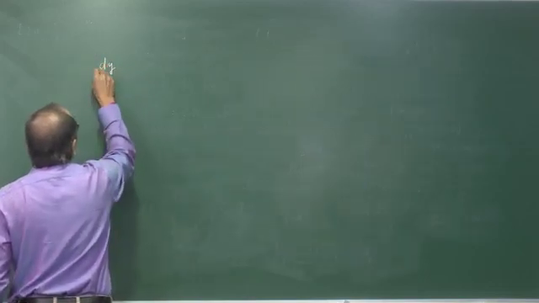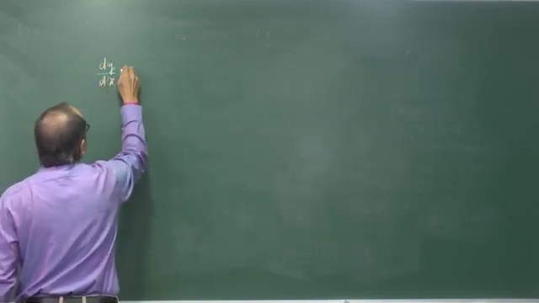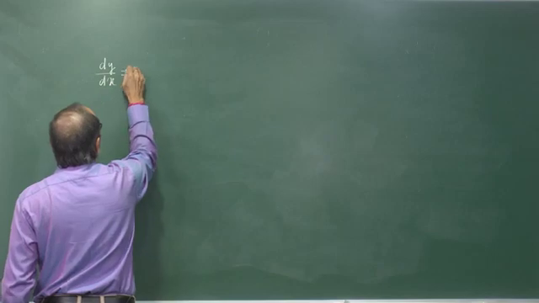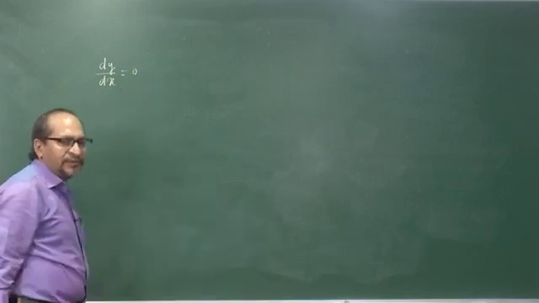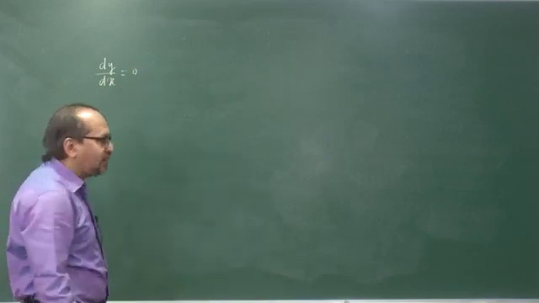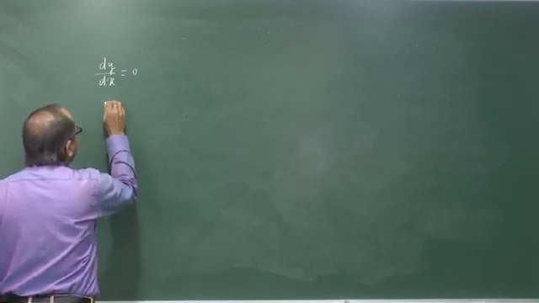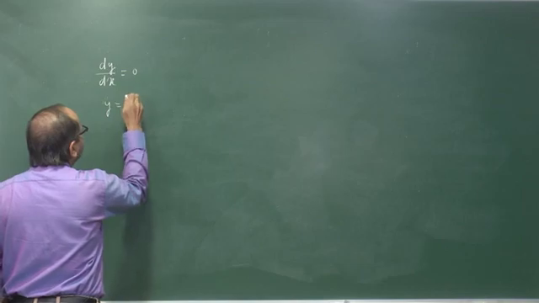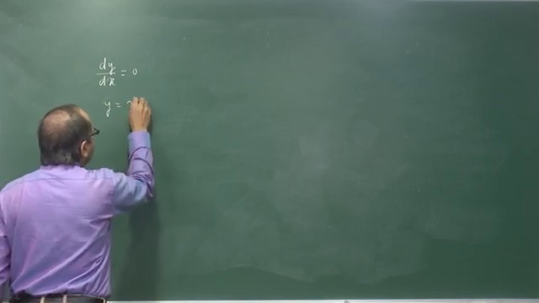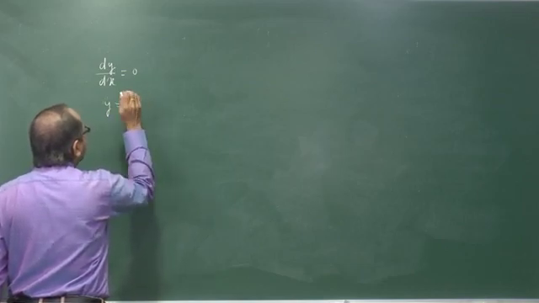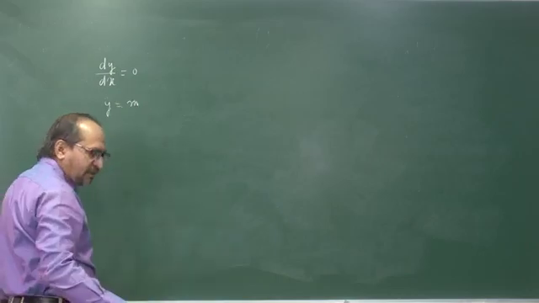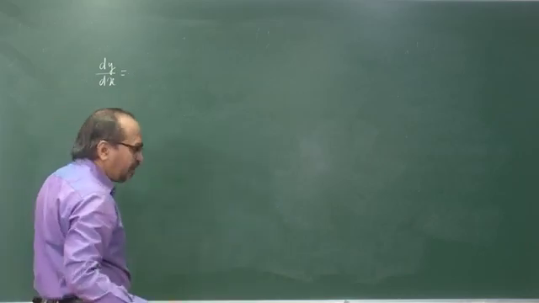Let us say dy by dx is equal to 0. This is also a differential equation, right. Then what will be the solution? y is equal to some constant m. No, let us say dy by dx is equal to x.